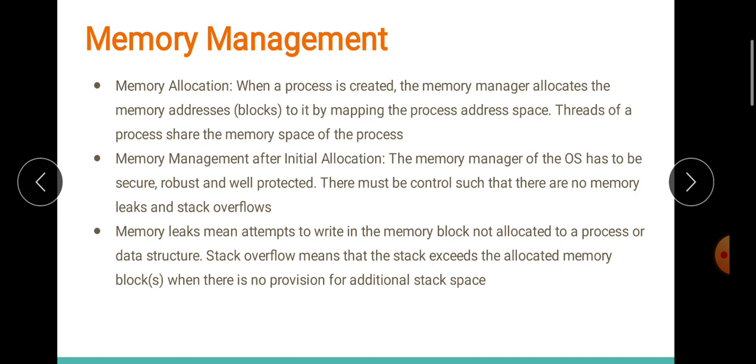Now this memory leak means there may be an attempt to write into a memory block which is not allowed by a process. Which means you have a particular memory area which is not allowed for process 1, but process 1 tries to give data into that memory block. Such a condition is called memory leak.